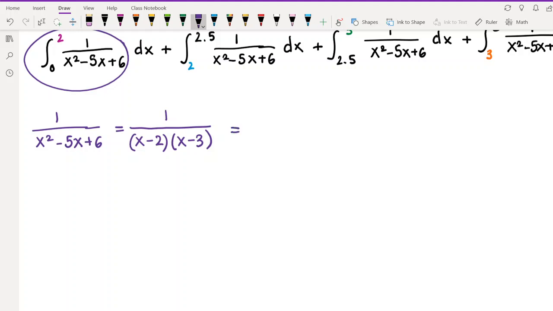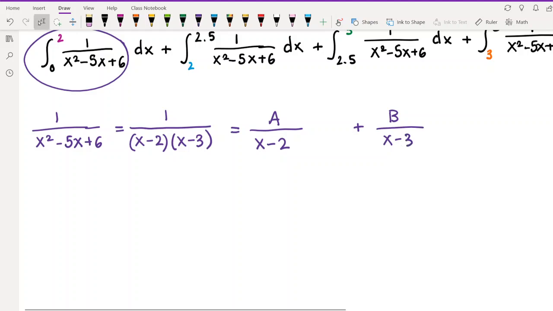We're basically going to imagine that this fraction came from adding together two fractions, one with a in the numerator and one with b in the numerator. And so the first fraction we multiply by x minus 3 over x minus 3, and the second one we multiply by x minus 2 over x minus 2.